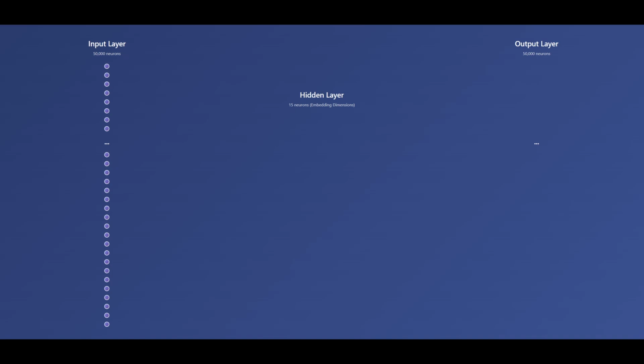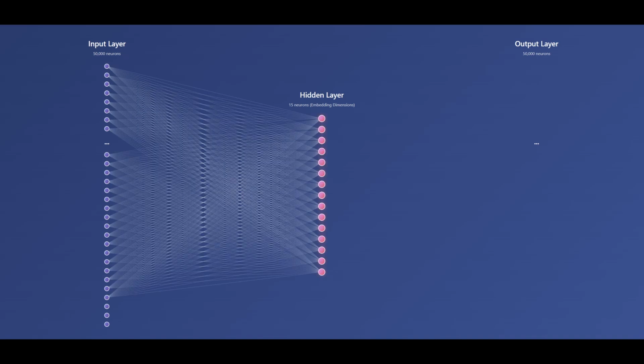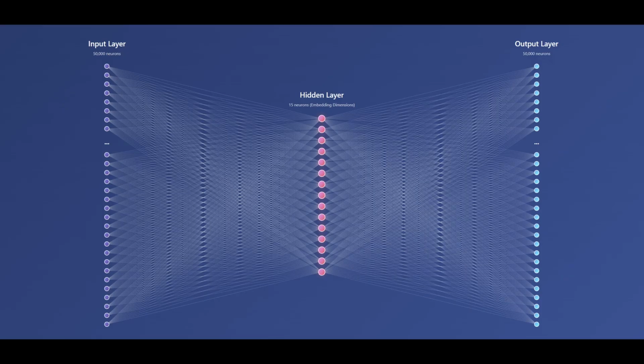In the middle of the network, we put a layer of neurons, one for every embedding dimension we want to learn. If we plan to represent each word with 15 numbers, that means there are 15 neurons in this hidden layer. Now, the input layer has 1 neuron for every word in the vocabulary, about 50,000 in English.